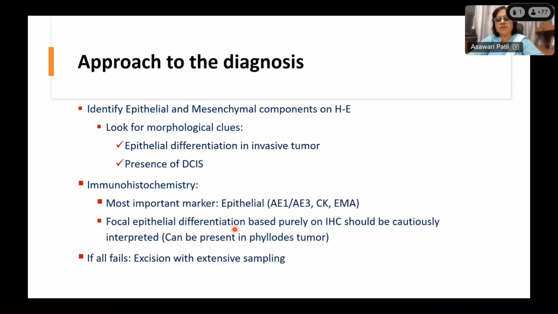But focal epithelial differentiation does not rule out phyllodes tumor. If everything fails, it is a sarcomatoid tumor, and you give a differential diagnosis. It can be metaplastic carcinoma, it can be malignant phyllodes tumor, it can be primary sarcoma. Is that clear to all of you?